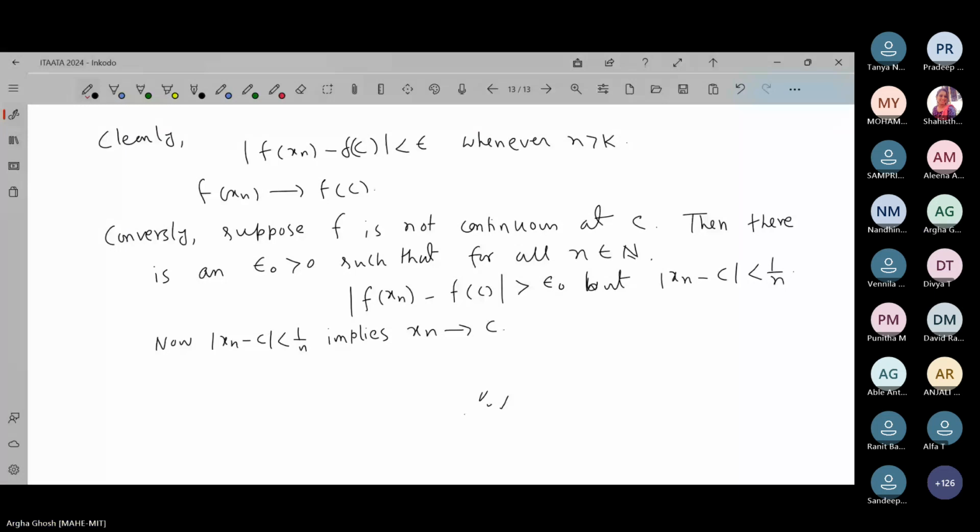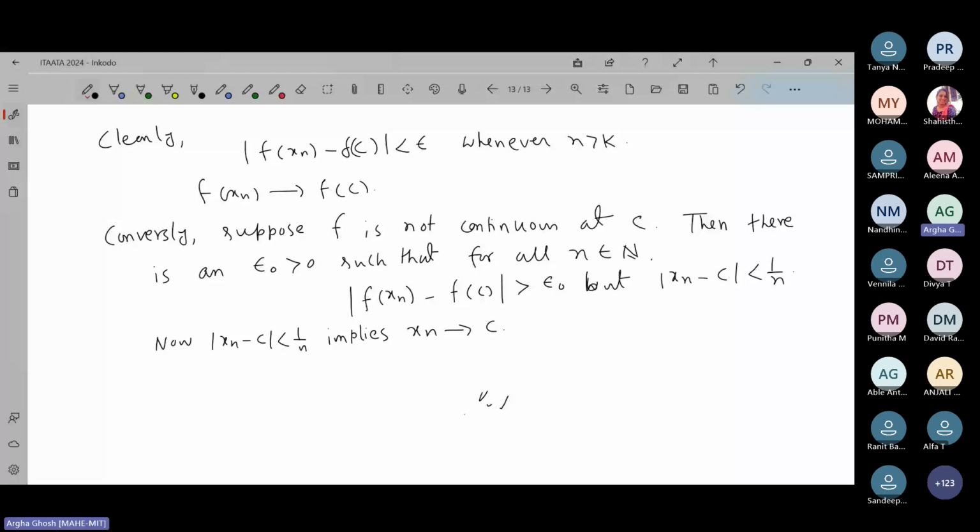You can use the sandwich theorem as well, if you don't want to use anything else. It's nothing but c minus 1 by n less than xn less than c plus 1 by n. Now take n tends to infinity: c plus 1 by n converges to c, c minus 1 by n converges to c. So by the sandwich lemma, xn converges to c.